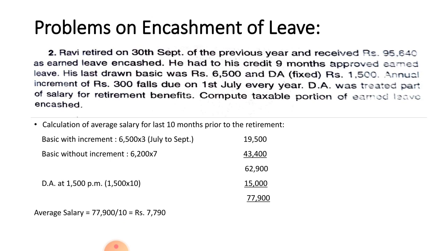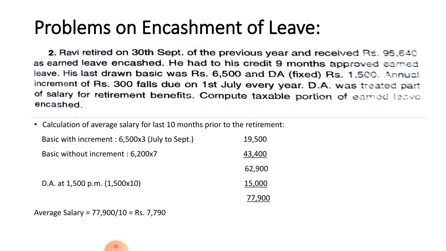His last drawn basic was rupees 6,500 and DA at a fixed rate of rupees 1,500. Annual increment of rupees 300 falls due on 1st July every year. DA was treated as part of salary for retirement benefits. Compute the taxable portion of earned leave encashed.